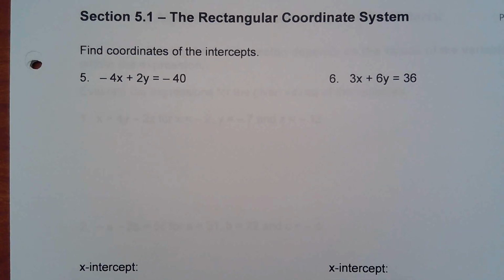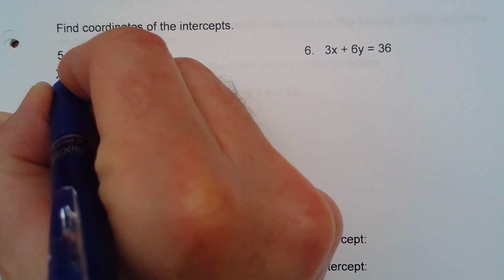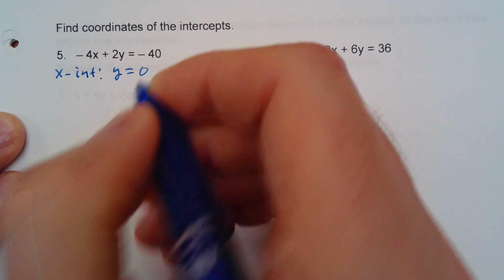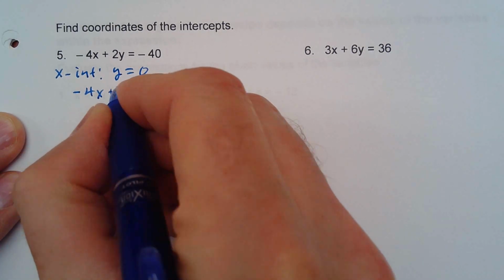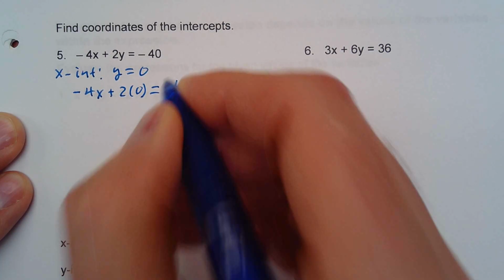Alright, so we have to find the coordinates of the intercepts. Remember, whatever intercept you're looking for, you're setting the opposite variable equal to 0. So if I'm doing my x-intercept, I want to set y equal to 0. Now it'll give me -4x plus 2 times 0 equals -40.